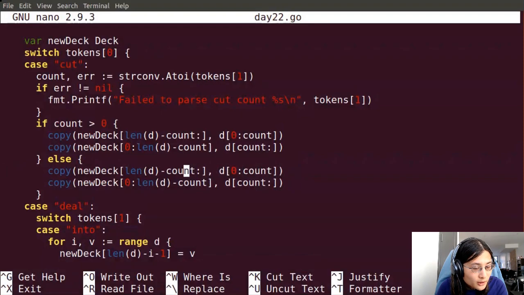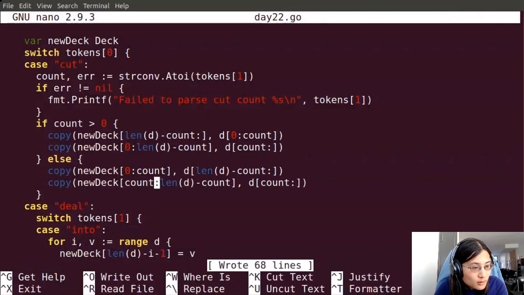So the bottom N cards would be, take the bottom N cards and place them into the top slots, and then count onwards.